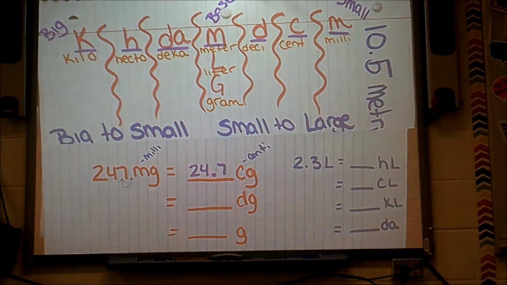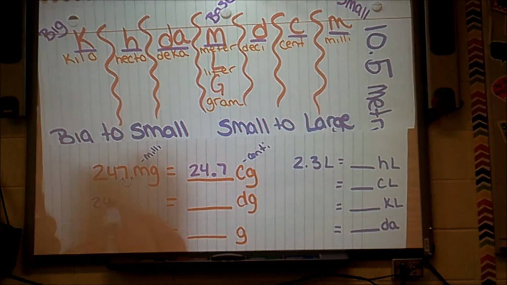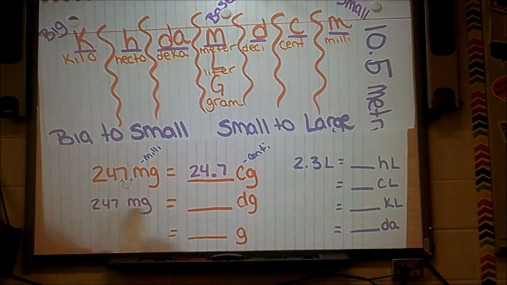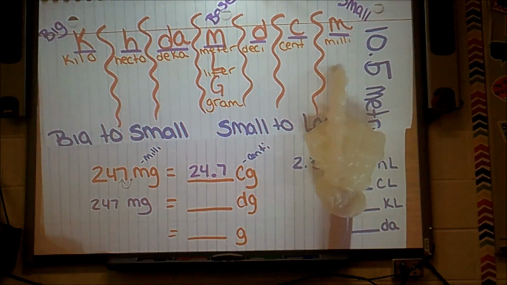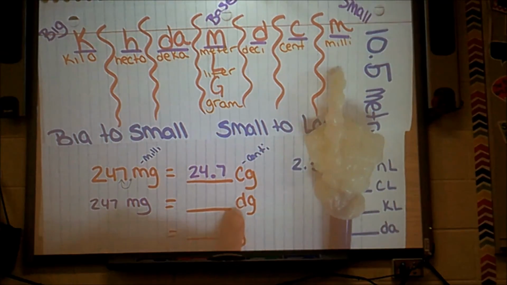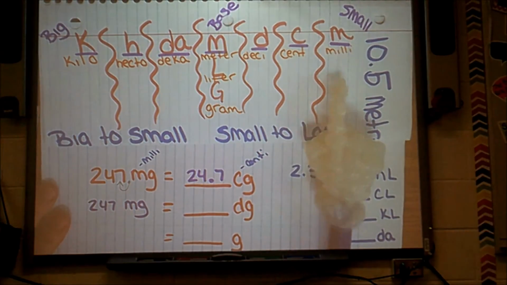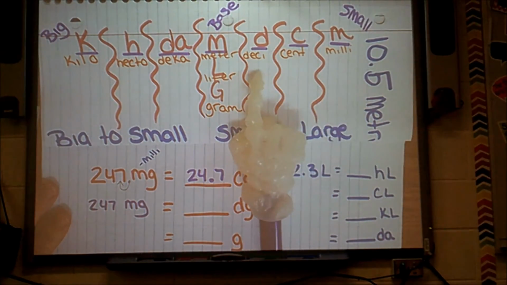So now I'm going to keep with my 247 milligrams, but now I want to convert them into decigrams. Just as we did before, I'm starting with milligrams, so I'm going to put my finger on milligrams. And I'm going to bump over and count the bumps until I get to decigrams, which is my D. So let's count. 1, 2.